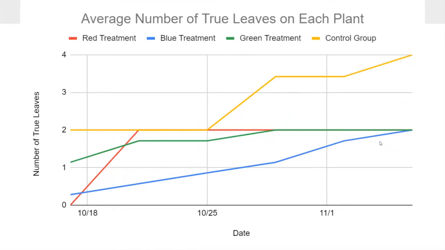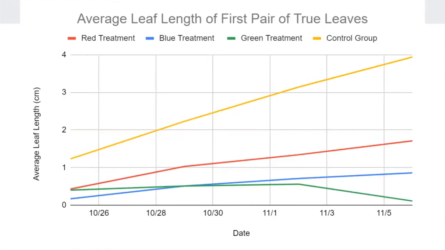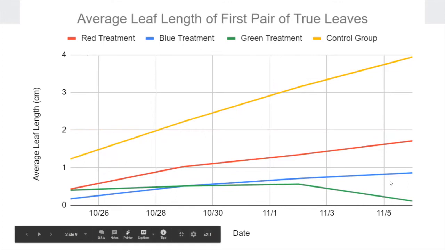Throughout the whole month and a half that the study was done, none of the treatment plants grew more than 2 true leaves. We can also see that for the average leaf length, the control group was a lot larger than the treatment groups, and the treatment groups didn't really grow that big.